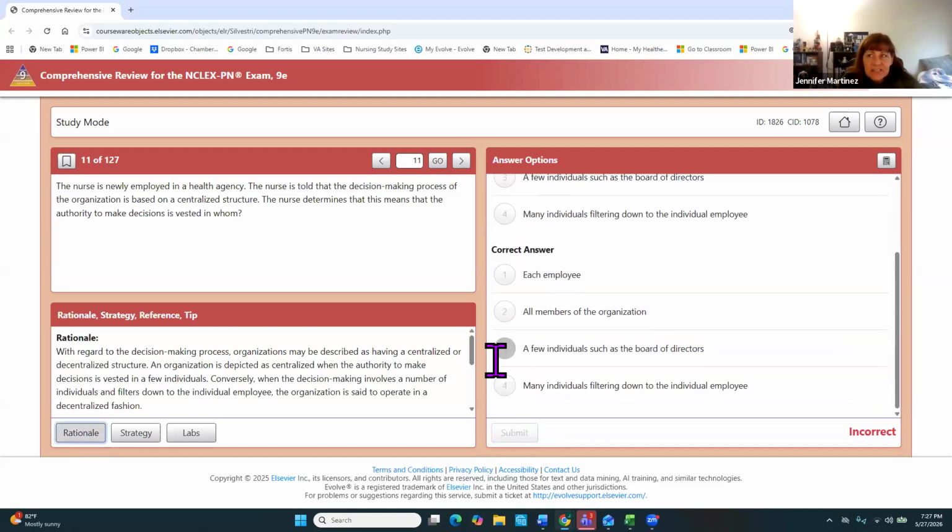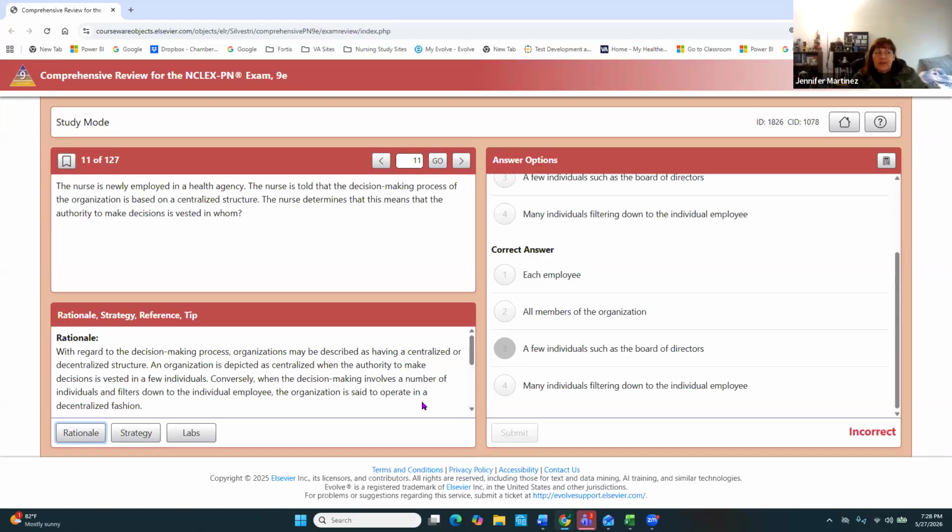So a centralized structure in healthcare is, how do I explain it? The decisions are more at the executive level rather than at the department level. With regard to decision-making process, organizations can be described as having a centralized or decentralized structure. An organization is depicted as centralized when the authority to make decisions is vested in a few individuals.